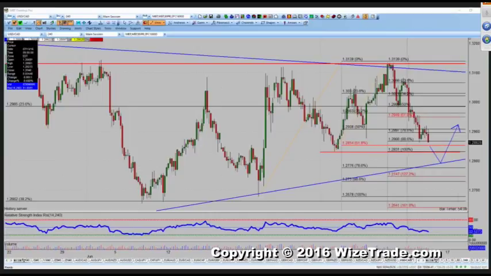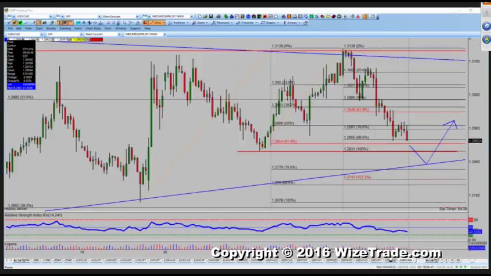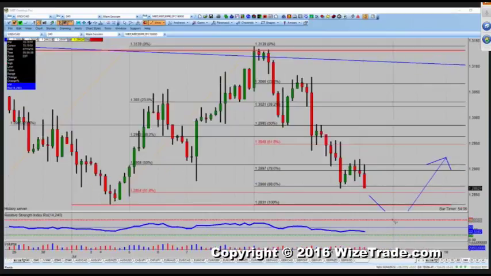Resistance. Any move back to 129.80 right here is going to be sold. You've got a spike low, spike low, spike high.